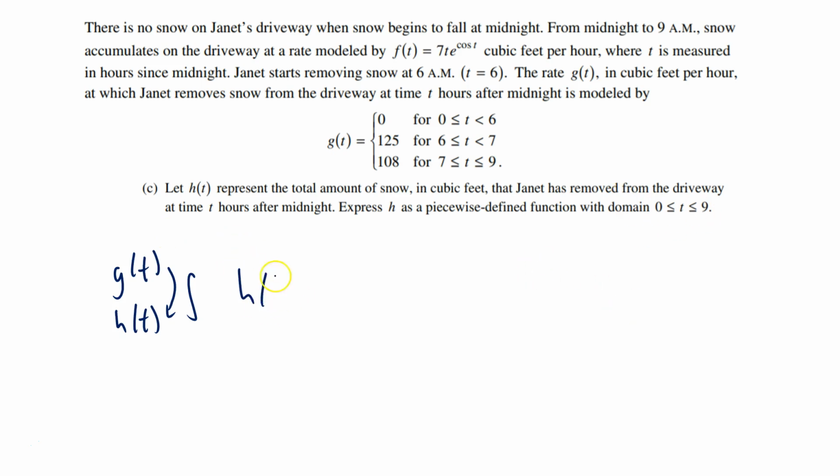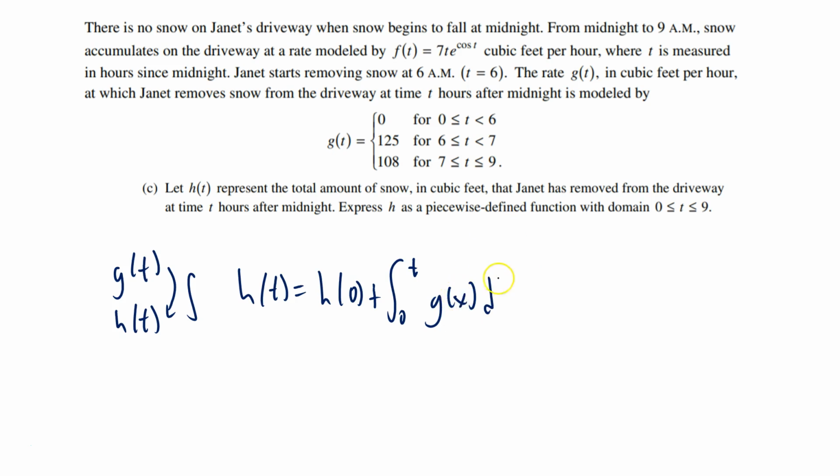Okay, so h of t is going to be h of 0 plus the integral from 0 to t of g of t dt. I guess we should have different letters here, huh? Let's call it g of x.